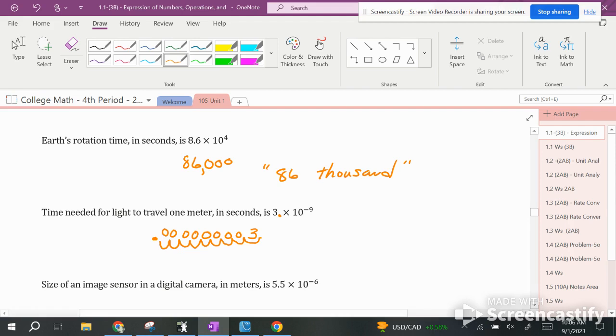How to say that number? Ooh, nice. Okay, so let's label them, right? What's the first? We're on the right track there. What's this one called?